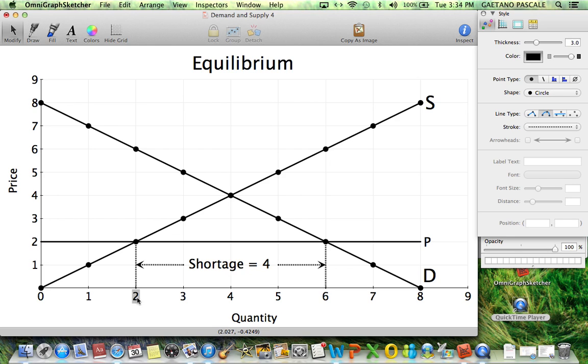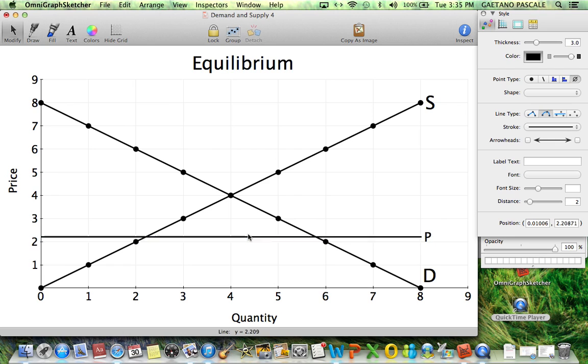So I want you to understand that when you have a shortage, there's a natural tendency for the price to move upwards to eliminate that shortage. Okay? And what will happen is that price will migrate upwards until we get back to that equilibrium. So for example, what would happen if the price increased to 3?